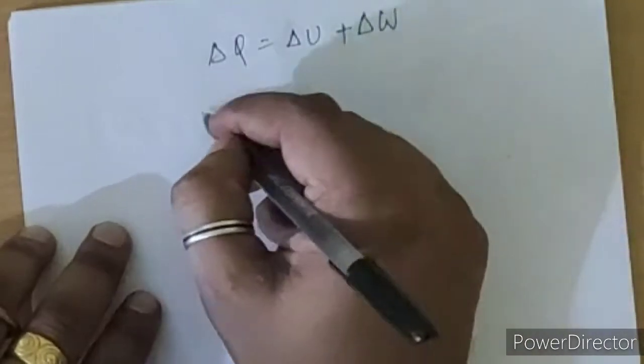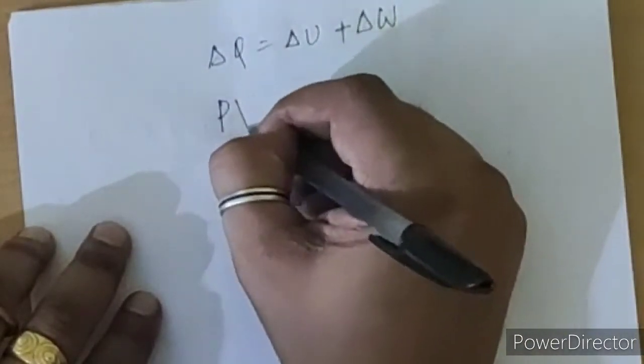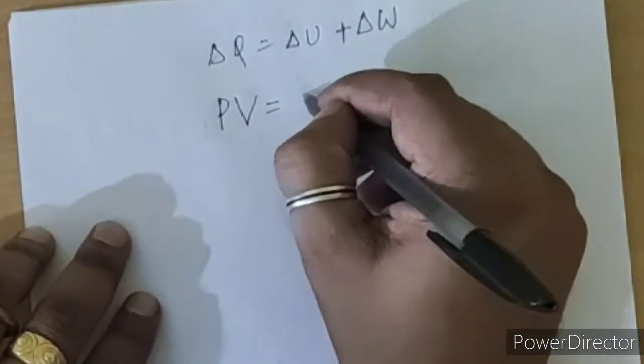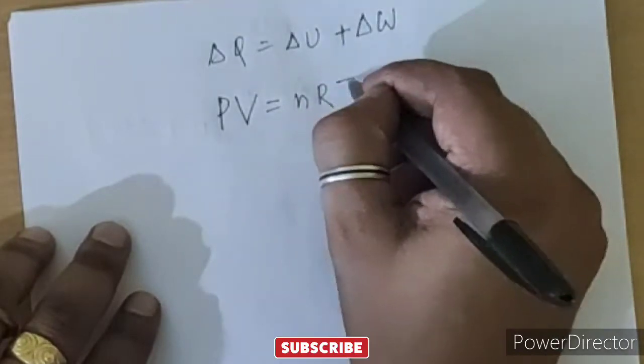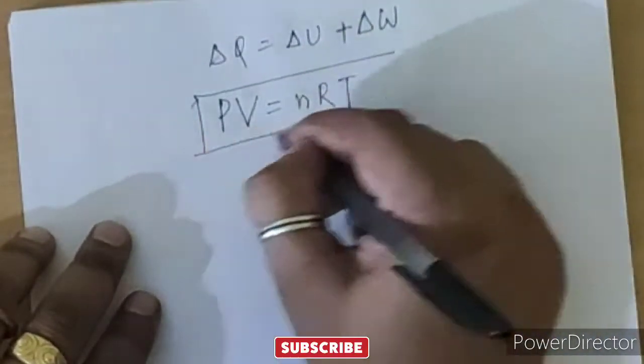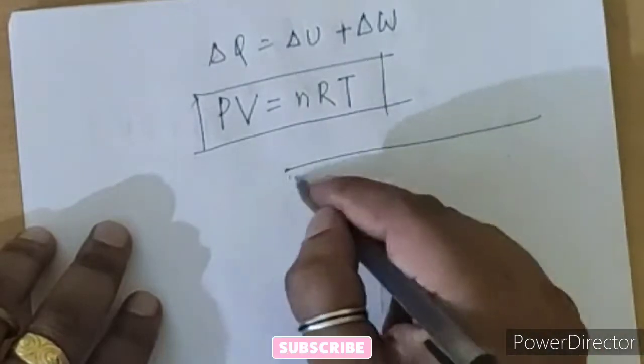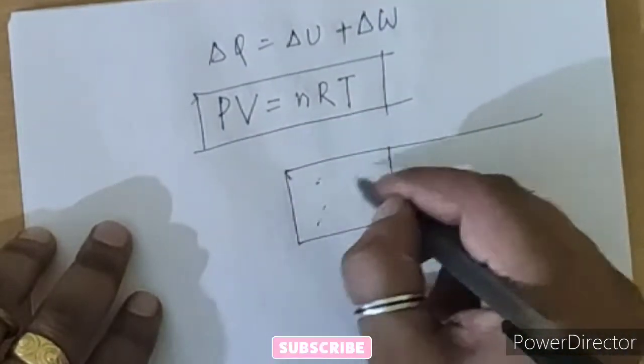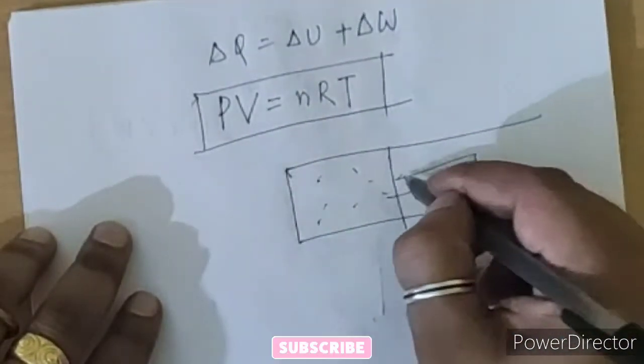basically the pressure, volume and temperature are given by this equation, where we have, say, this piston, we have this gas and we have a piston.